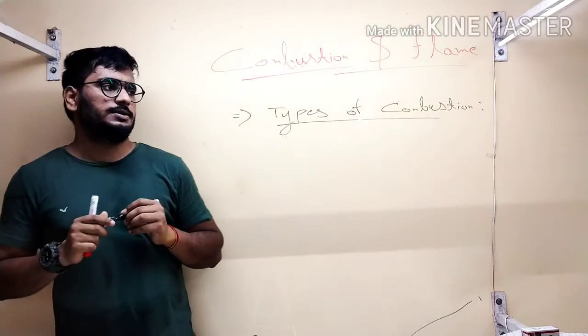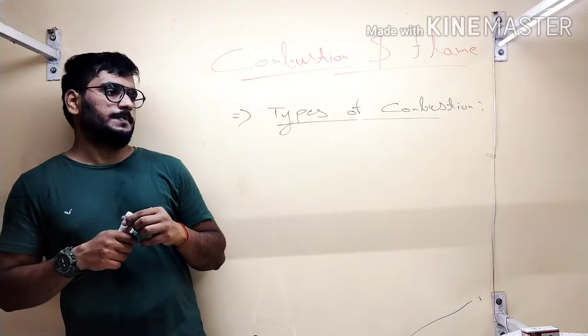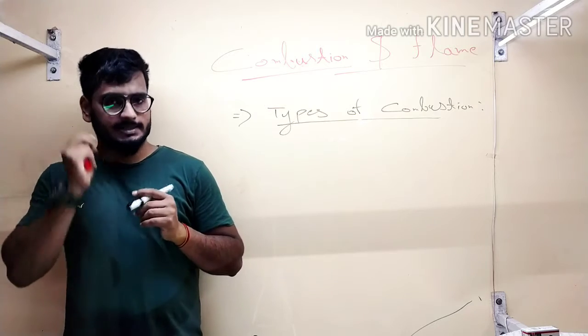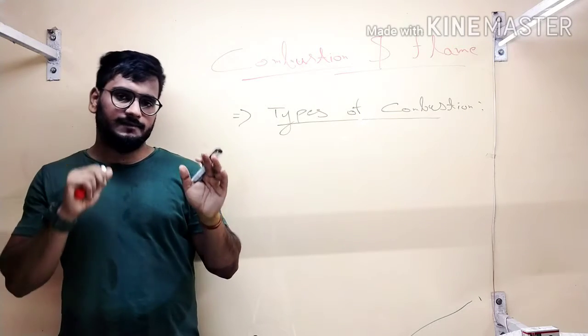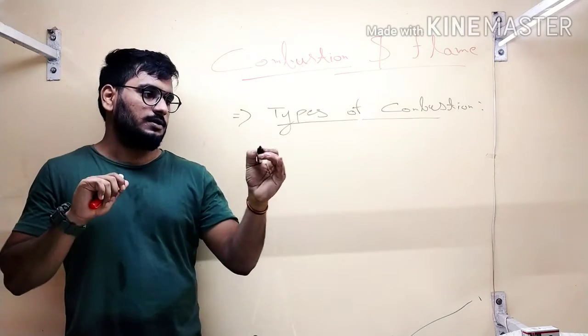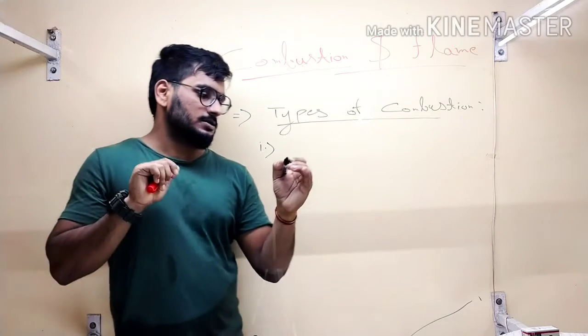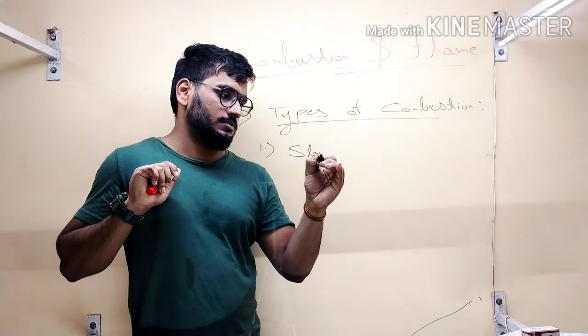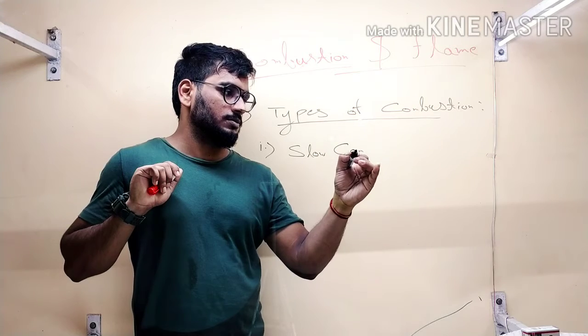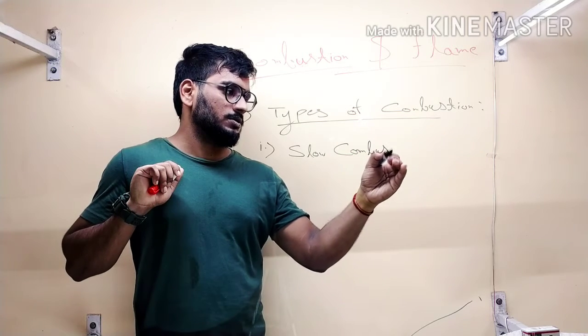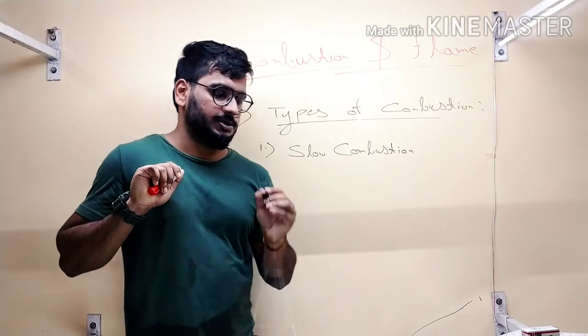So what are the types of combustion? First of all, let's discuss all the types, then we will define it one by one. The first type is slow combustion.